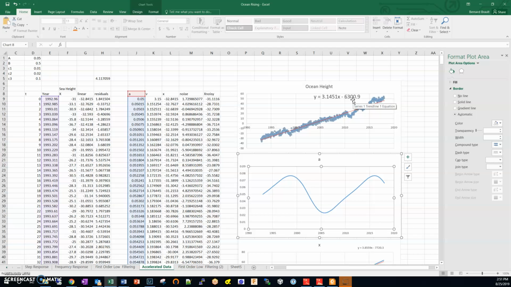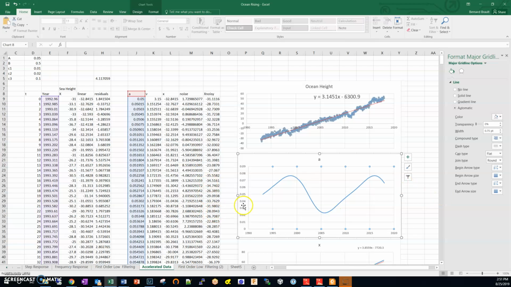So I'm going to force an acceleration signal into it. Let me show you how I fabricate the data. The acceleration signal I'm going to use is an increase of 0.05 millimeter in rate, so 0.05 millimeter per square year.